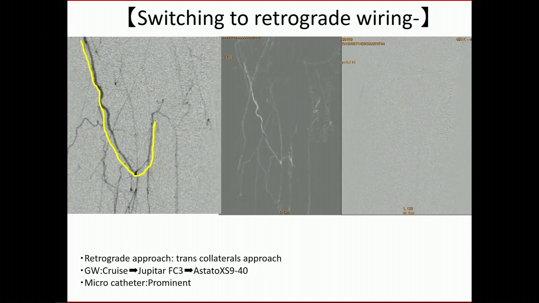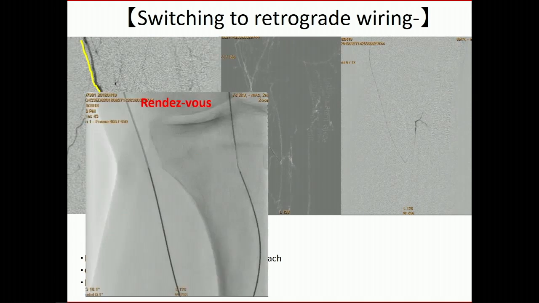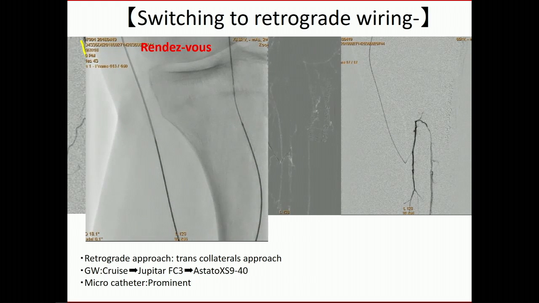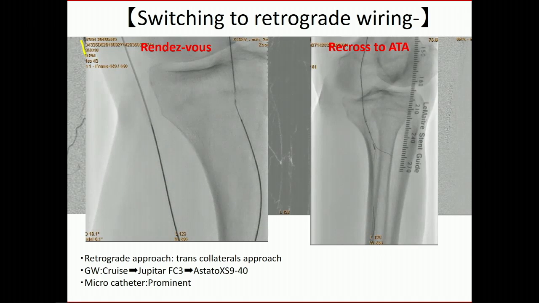Like this, this is a roadmap by LC-DSA, and this is a tip injection. The CTO was blunt type, very hard. So we used a hard 40-gram tapered wire, and finally we could achieve a landing in the CTO region. And next we recrossed to the ATA from antegrade, and we could achieve all intraluminal wiring.